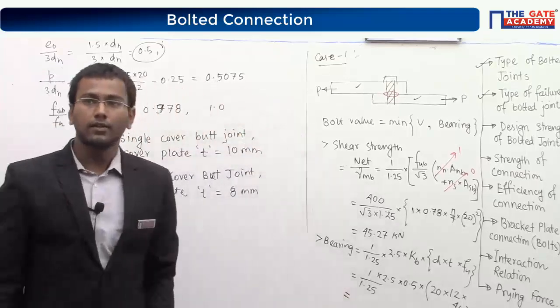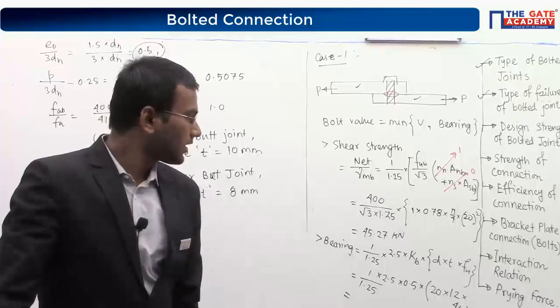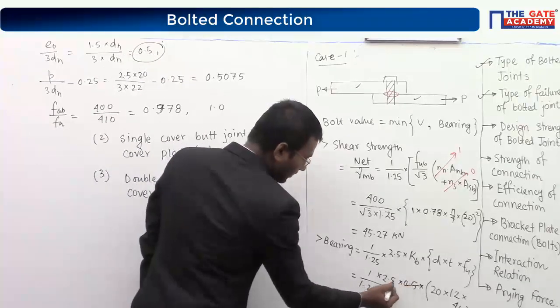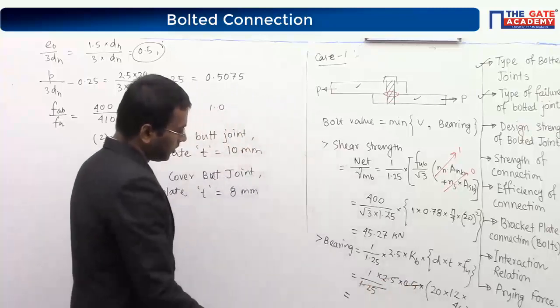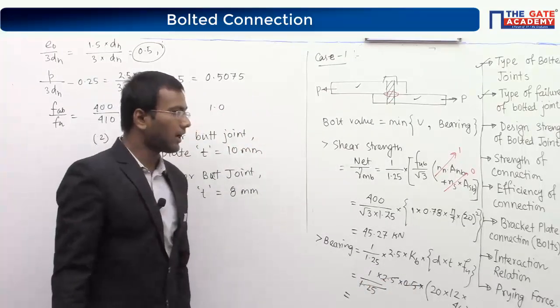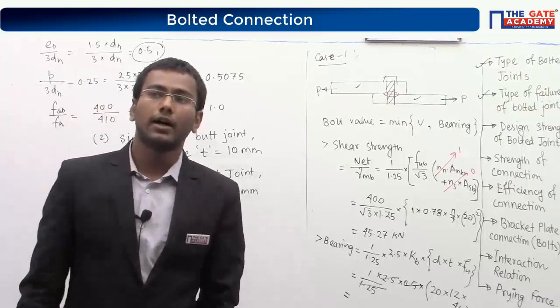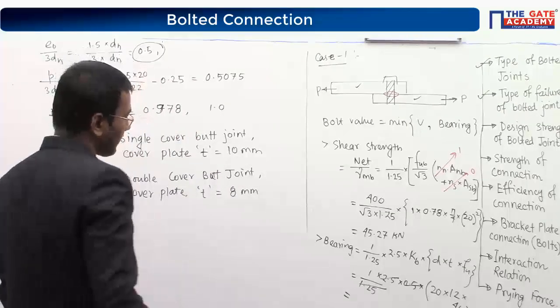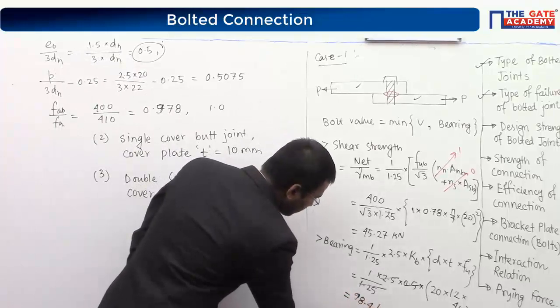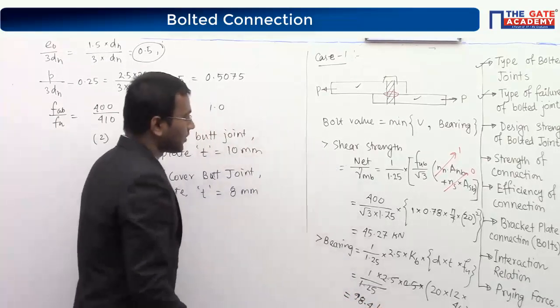You can see this one and this one get cancelled. So 24 into 41, I think 98.4, is it? Yeah, 98.4 kilonewton. So this is your bearing strength.